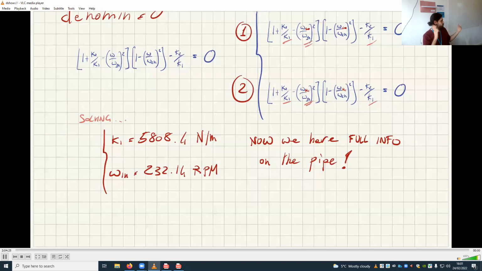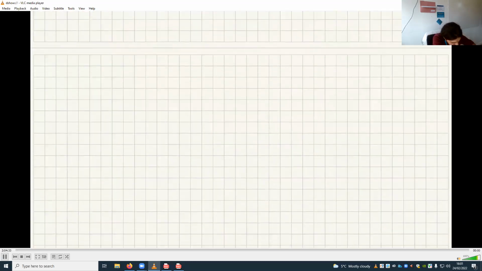So now we want to find K2 and M2, the new K2 and the new M2, such that the omega low and omega high are two other numbers.